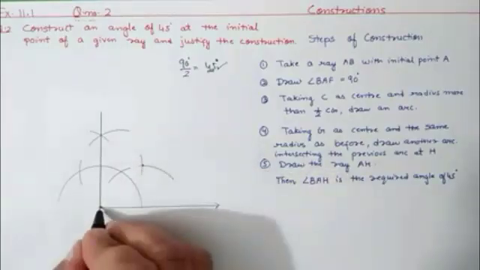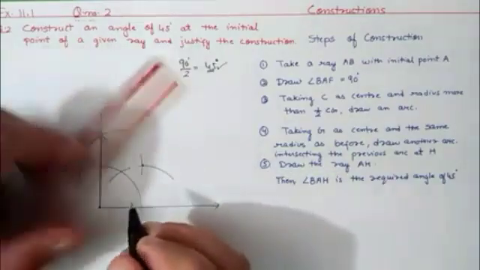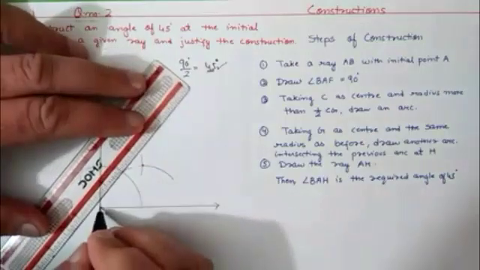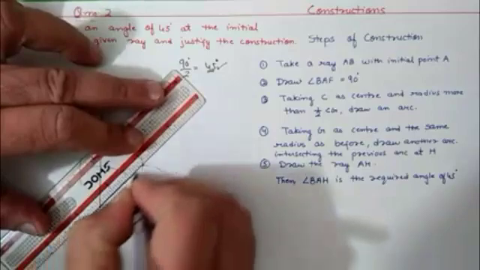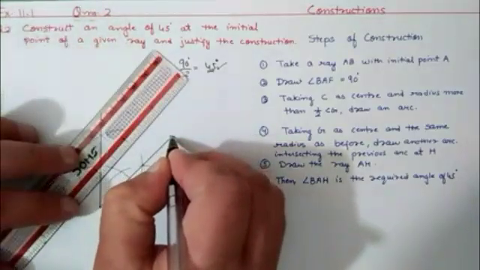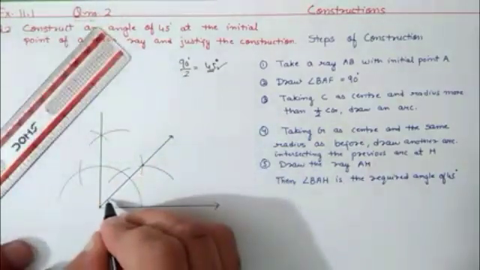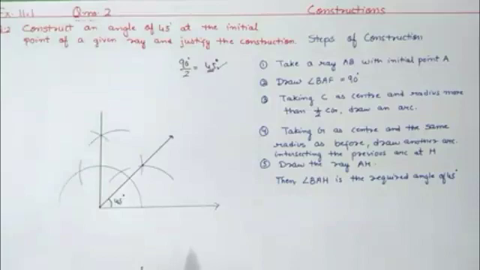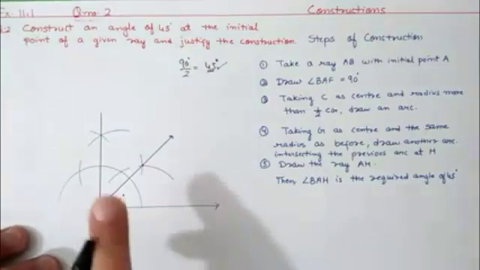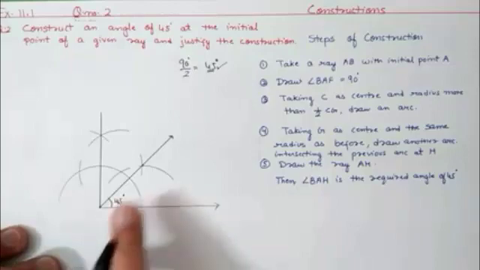From the point we get in the other arc, we will construct a line, and we will get one angle, and that angle will be 45 degree. Okay, so this is our 45 degree angle. Like this we can construct an angle of 45 degree.